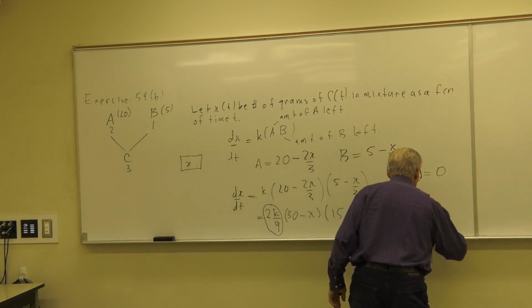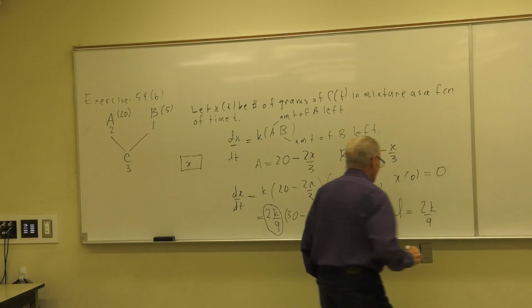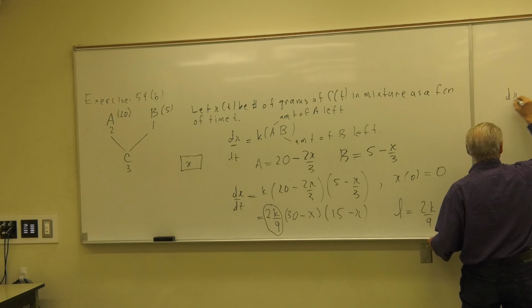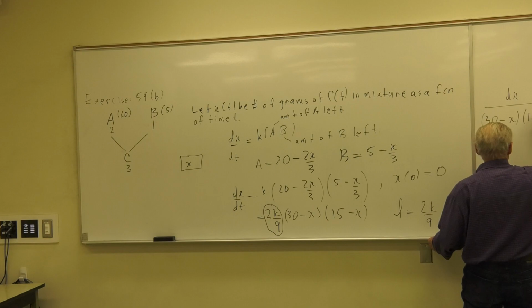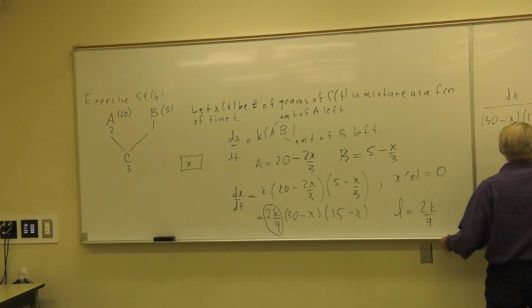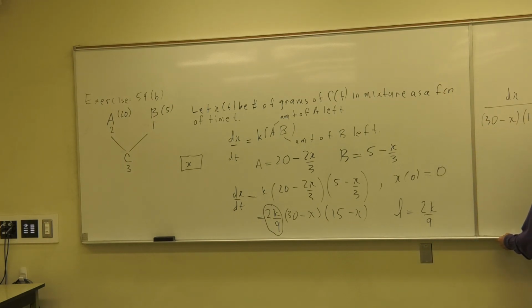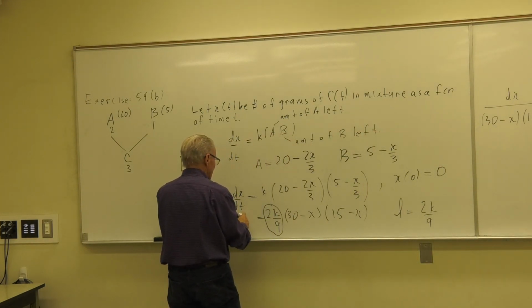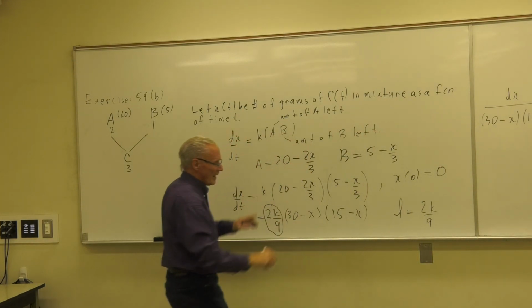So 2k over 9 we will denote by L. So we can separate it into dx over (30 minus x)(15 minus x) equals L dt. How's that? So this goes down to the bottom, the dt goes up, and leave the L up there.